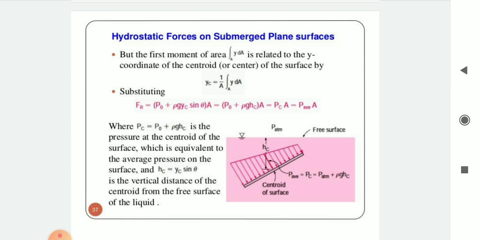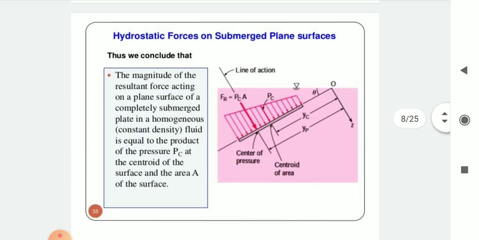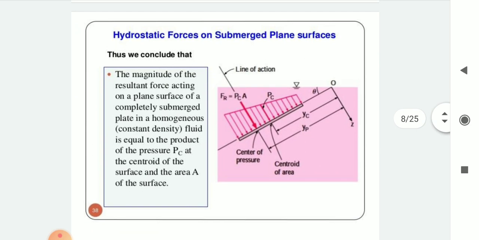You can see in the graph the P atmosphere, free surface, centroid of the surface, height hc, then P average equal to Pc equal to P atmosphere plus rho g hc. Thus, we conclude that in the figure the line of action is shown there, the center of pressure and the centroid of area.